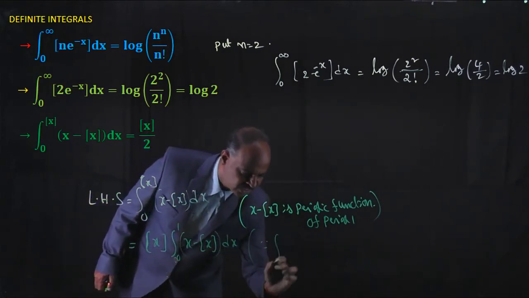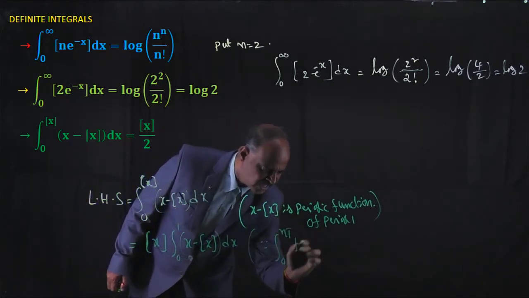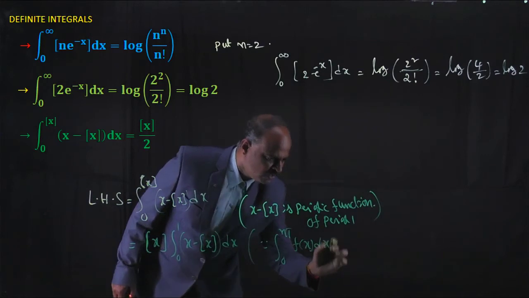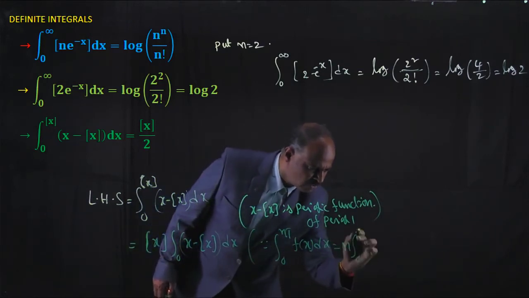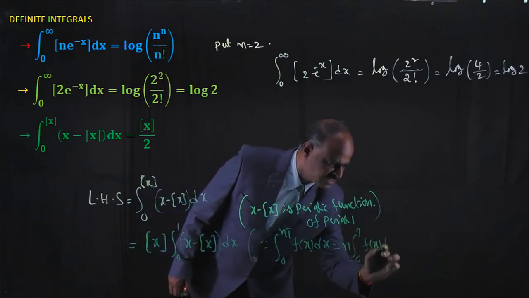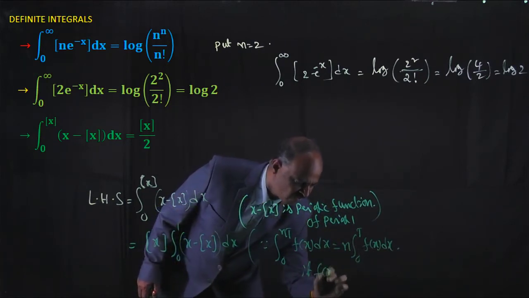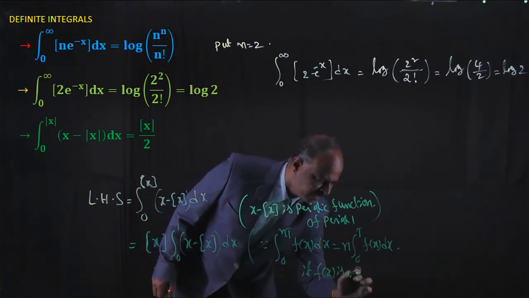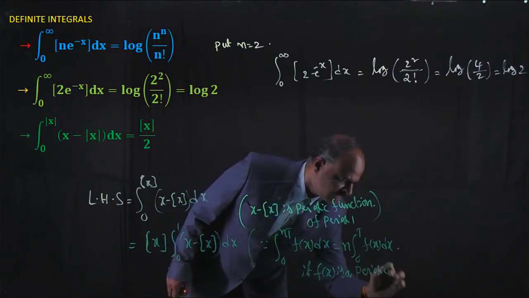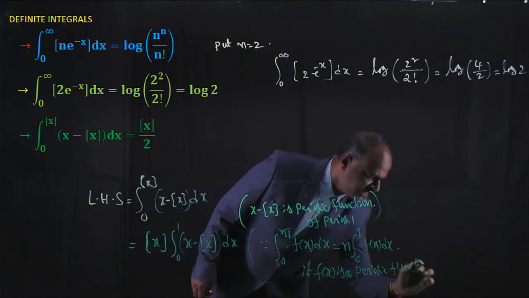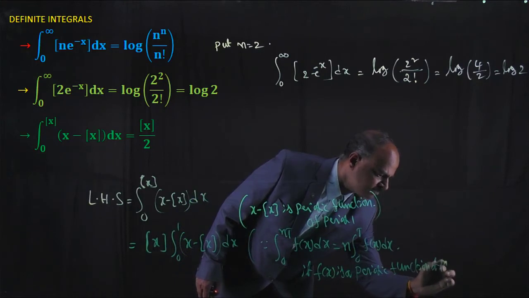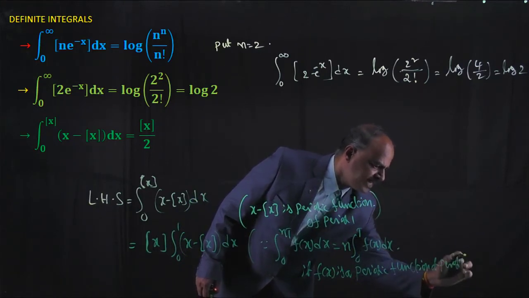Since integral 0 to nT of f of x dx equals n into integral 0 to T of f of x dx, if f of x is a periodic function of period T.